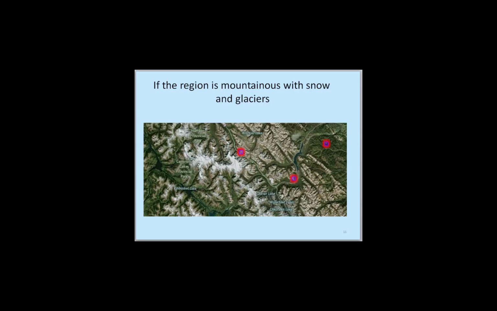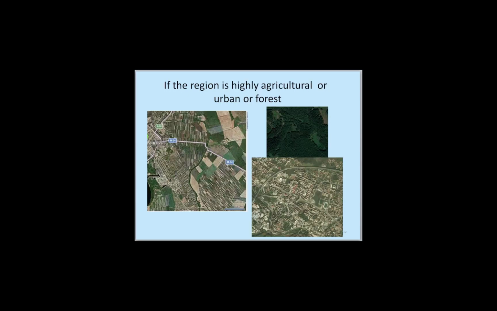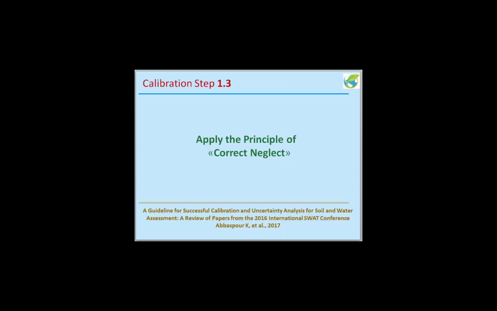Video 4 was all about calibrating in a mountainous watershed. These you have to do first before starting the calibration process. Also check if the region is agricultural, urban, or forested. This should give you ideas about processes and parameterization of the calibration model.